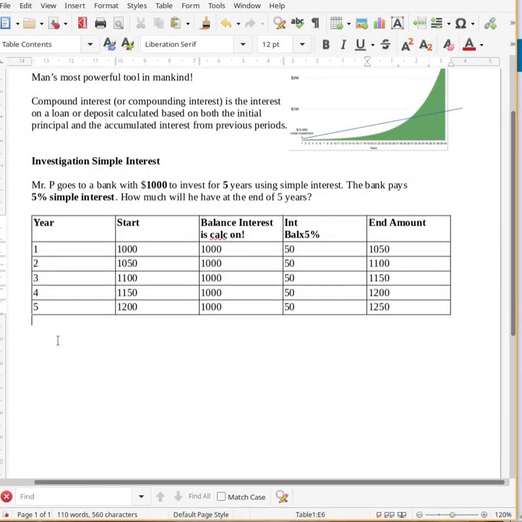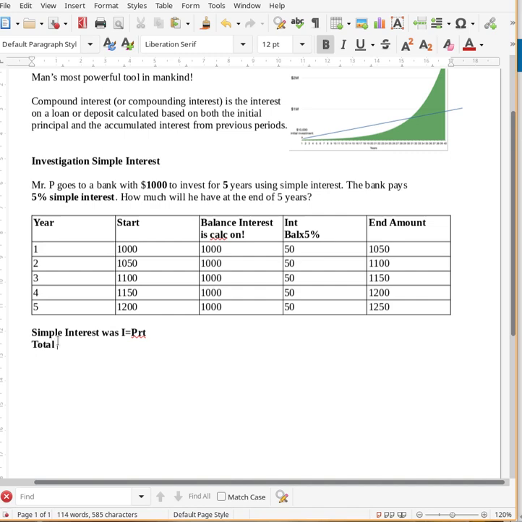So remember when we calculated, we said that simple interest was I is equal to PRT, where T is the number of years, P is the amount that we started with, and then to get the total, we added the principal plus the interest to get our total amount of money called A.